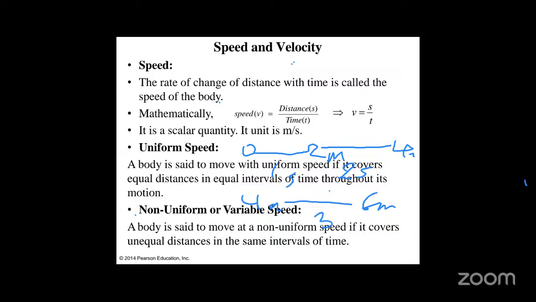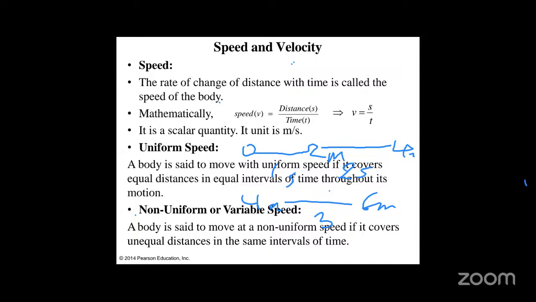So if you notice, the distance between 0 and 2 is equal to the distance between 2 and 4, is equal to the distance between 4 and 6. That is a 2 meter interval. So for every 2 meter interval, the time counts 1 second. So that implies that the speed is uniform.